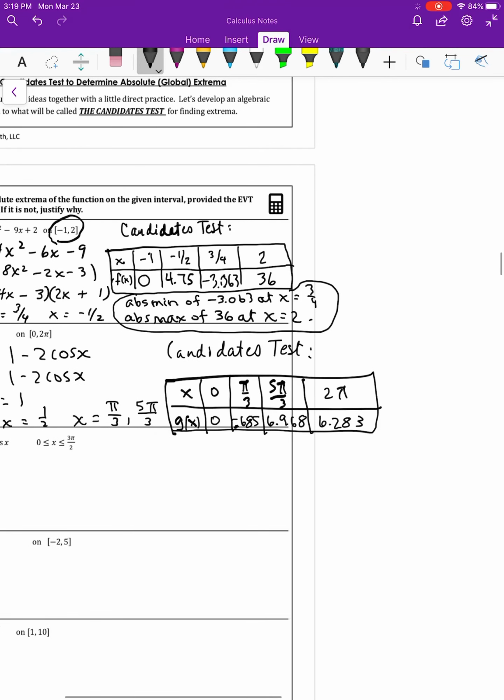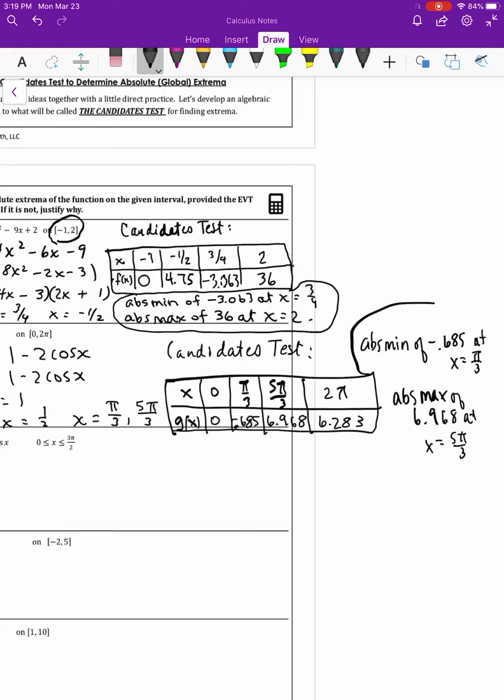And so now we are just looking at those values to decide what our extrema are. You can see that your absolute min of negative 0.685 occurs at x equals pi over 3, and your absolute max value of 6.968 occurs at x equals 5 pi over 3.